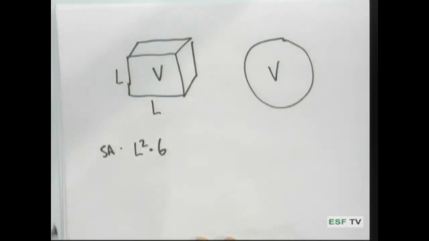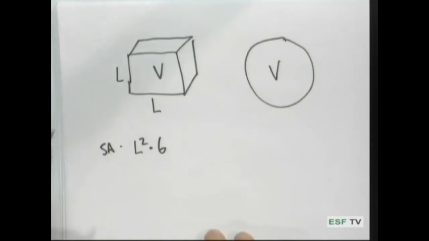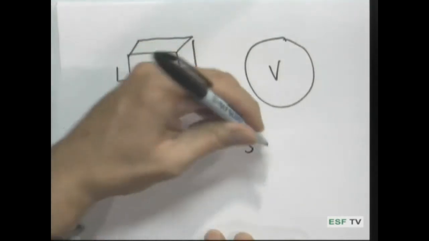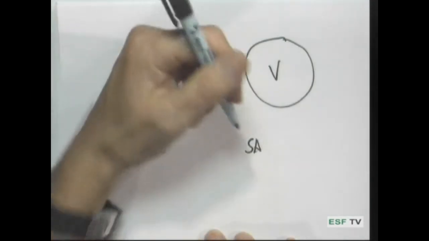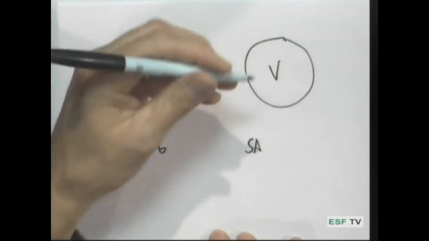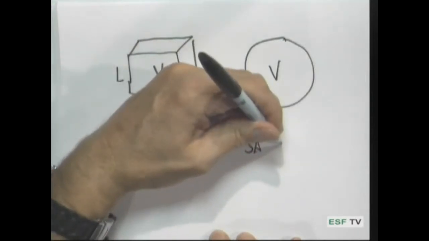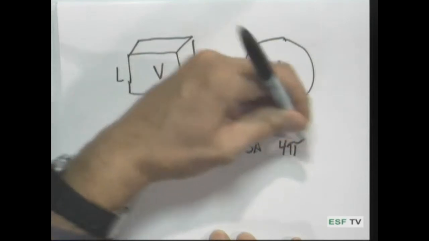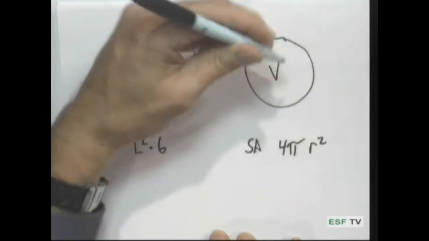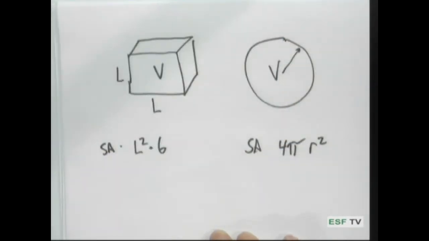All right. It's a little bit more complicated for the sphere, but what you can do is you can show that the surface area of this quantity here is entirely different. In fact, the surface area is 4 times pi times the radius of this sphere squared.